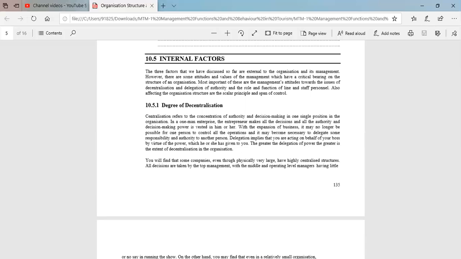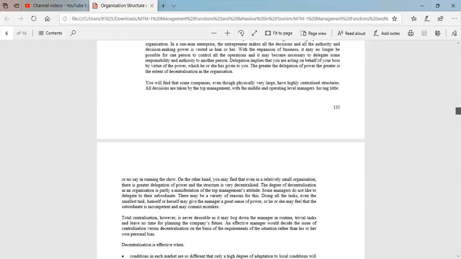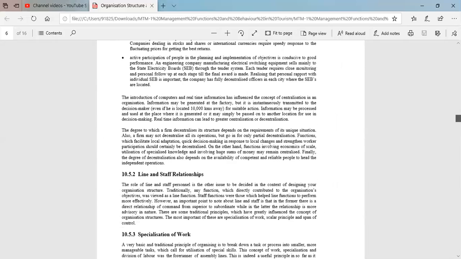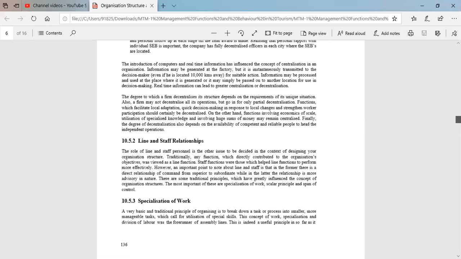A junior also can decide according to his power. So the exercise of powers is distributed, and lower levels are given more powers. Decentralization means power is distributed. Accountability is always there, but with that, power is distributed.